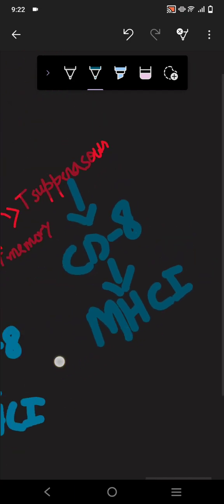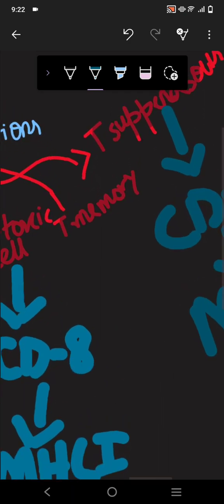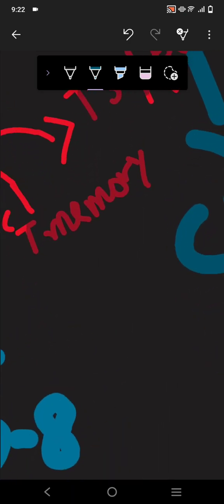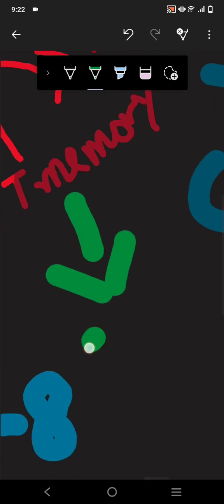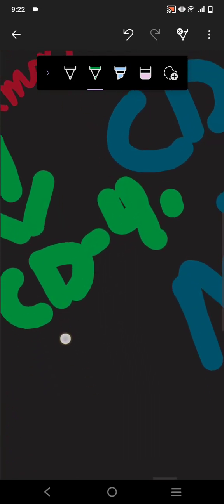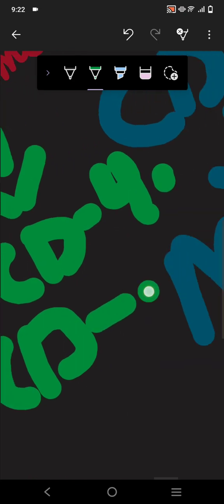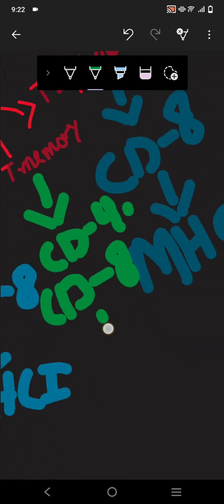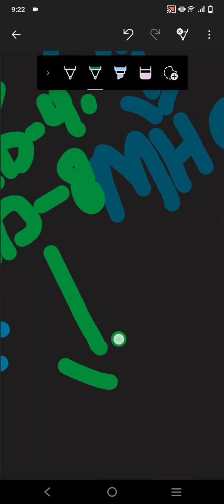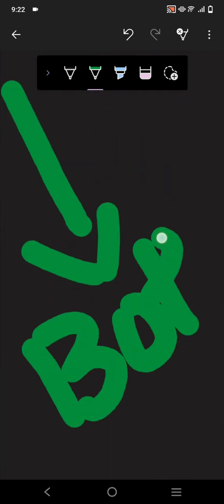Now the question arises: what receptor do memory cells have? The T memory cell can have the CD4 receptor and the CD8 receptor, both, depending on the requirement.